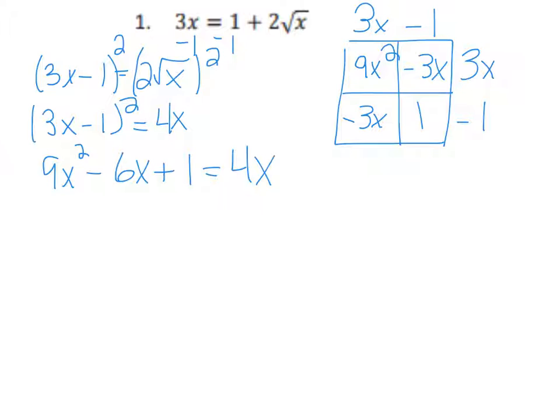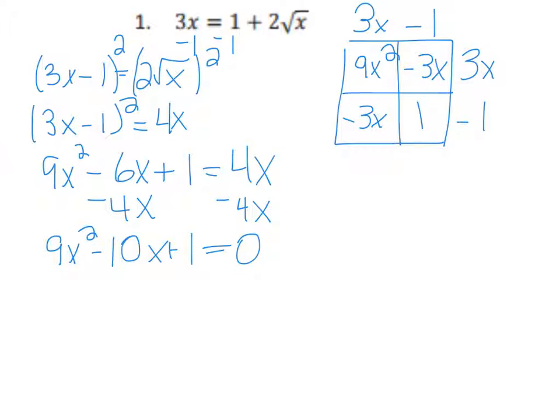Notice that the x squared with that 9 there will not cancel, which means that I have to move everything to the left. So minus 4x and minus 4x. So you have 9x squared minus 10x plus 1 is equal to 0.